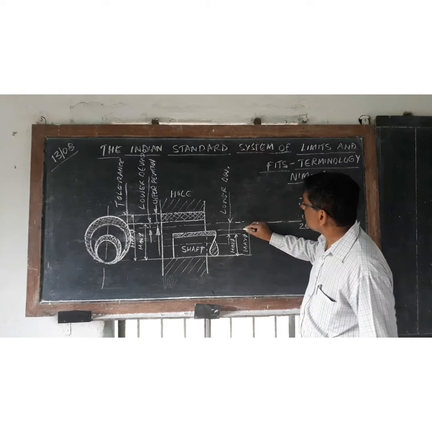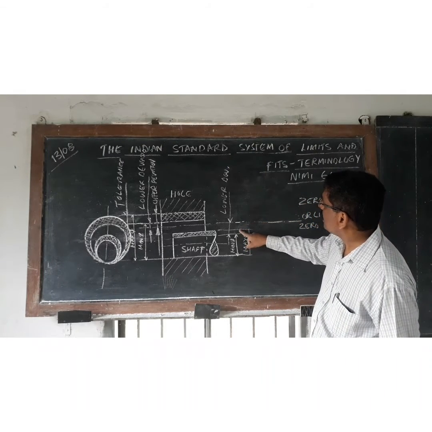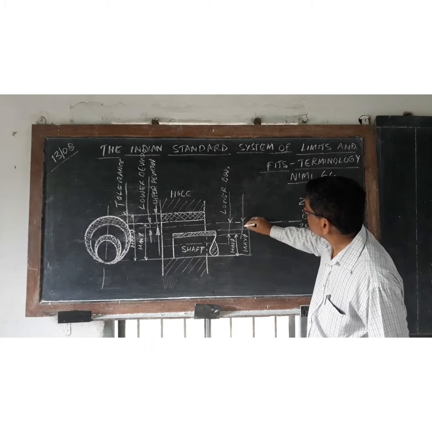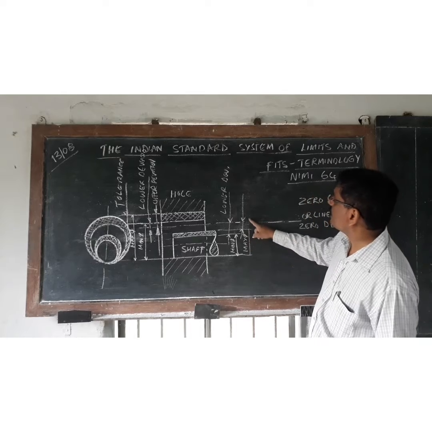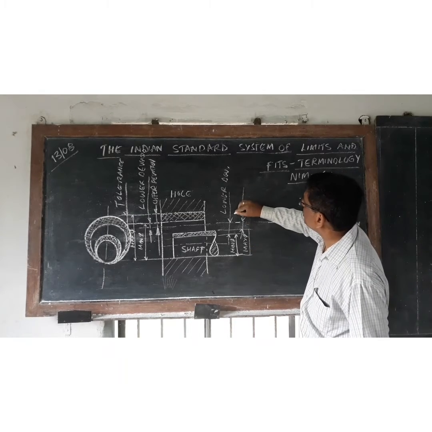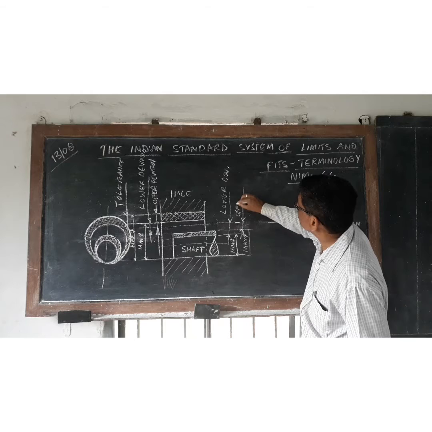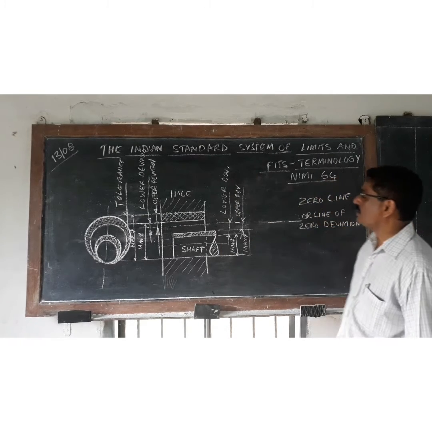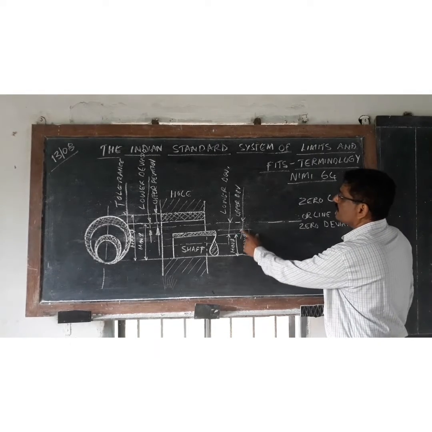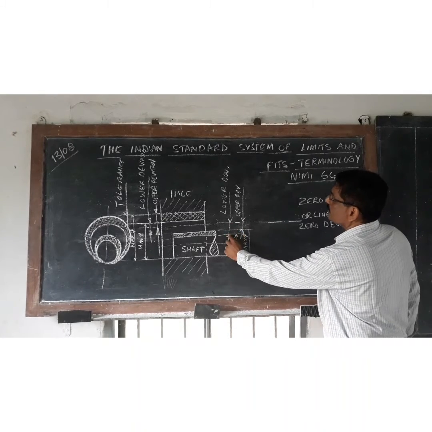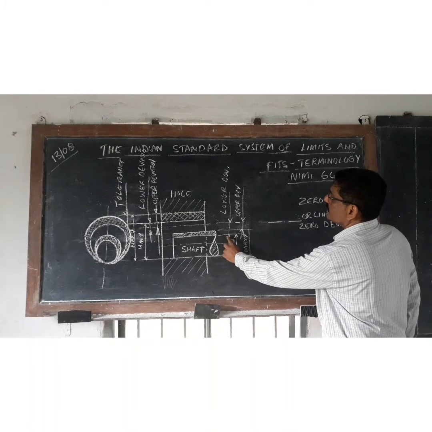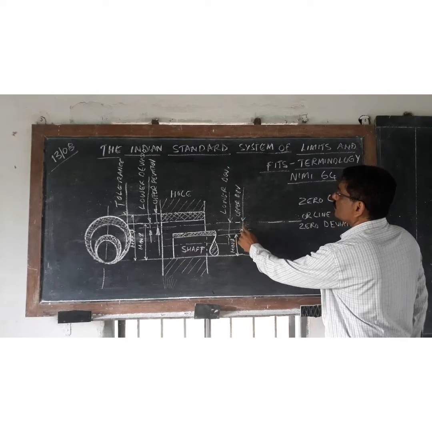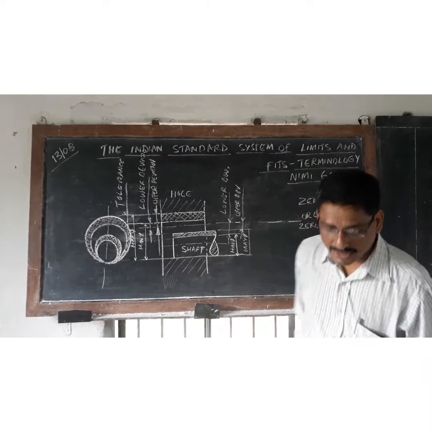From here to the zero line, it is called the upper deviation. So this is the upper deviation and this is the lower deviation. Keep it in mind.